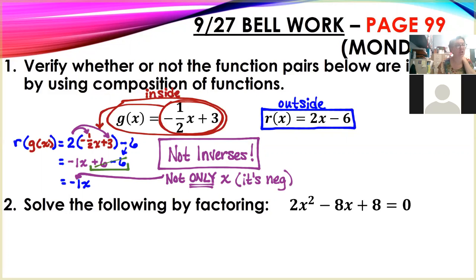It would have to just be an x, no other numbers, no symbols, no operations, no nothing. If you wrote it down as a 1x, that would be okay, because 1x is the same thing as just x. But the negative part means that it does not satisfy the condition to be inverses. Awesome job with that, guys.